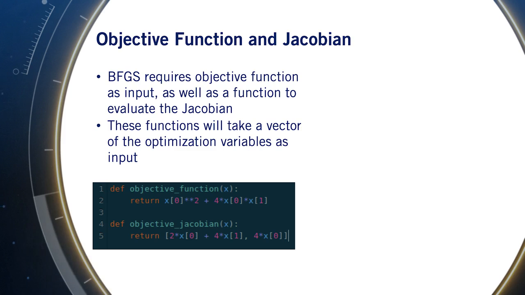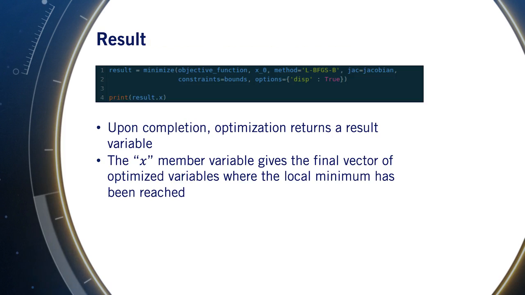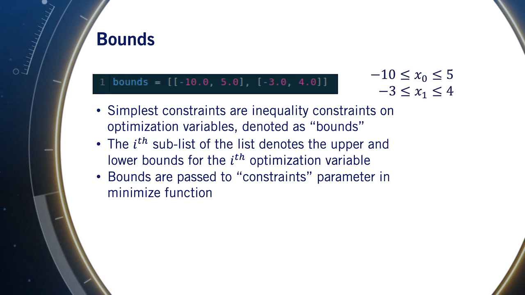These functions will take in a vector of all of the optimization variables in order to evaluate the objective function and the Jacobian at a specific point. Once the optimization is complete, the minimize function will return a result variable. The member variable of the result denoted by x will return the final vector of optimization variables where the local minima has been achieved.